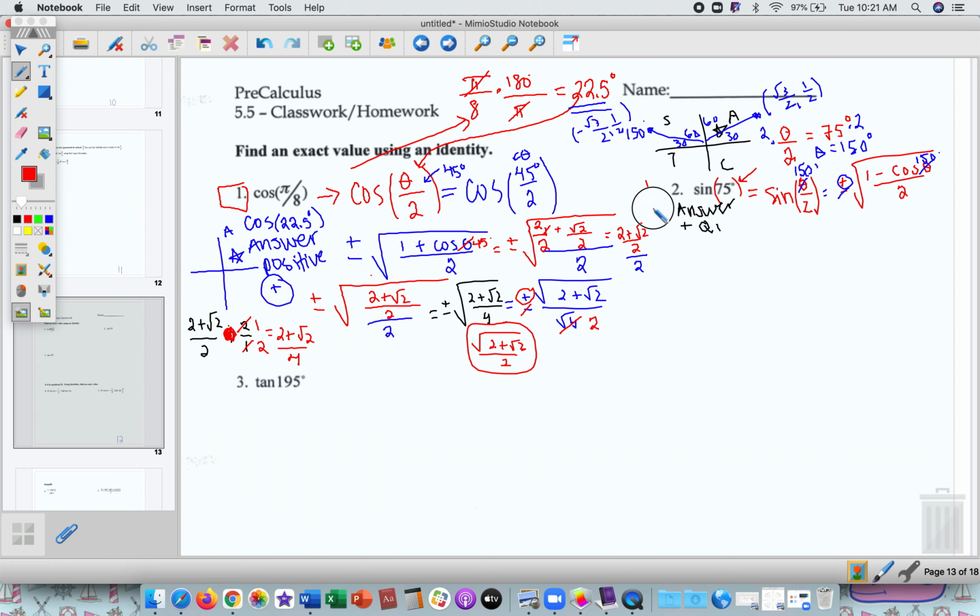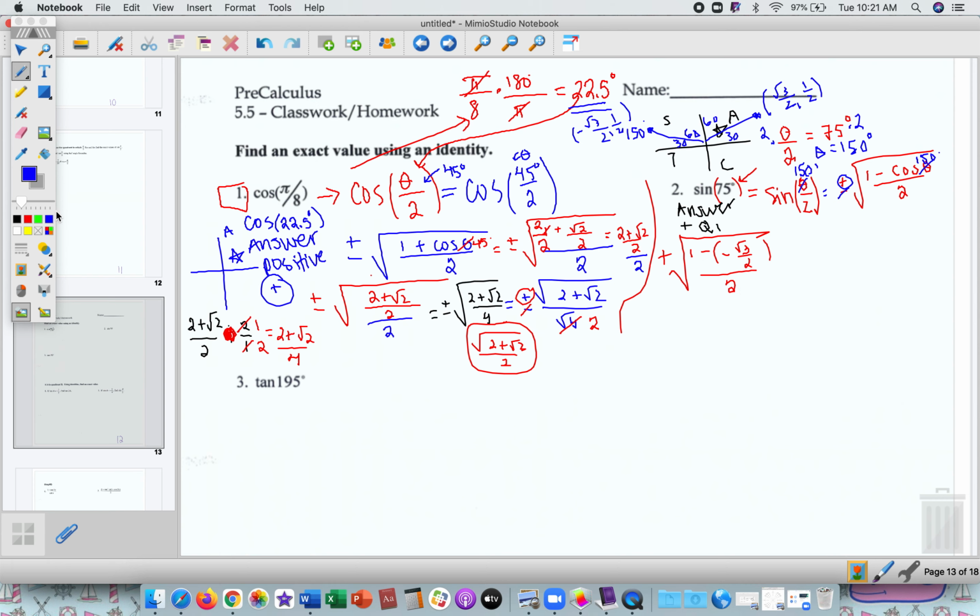So we would have positive square root of 1 minus the quantity, because that's the formula, 1 minus, and cosine at 150 we just said is negative root 3 over 2, all over 2.